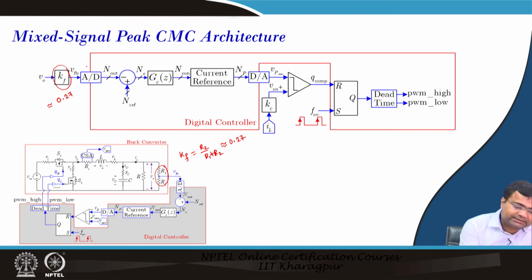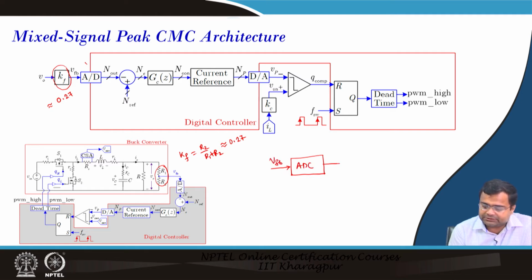Now, the data which is coming inside the controller we are calling ADC data, as we have discussed. That means we have the feedback voltage, we have the ADC, and we are getting ADC data.